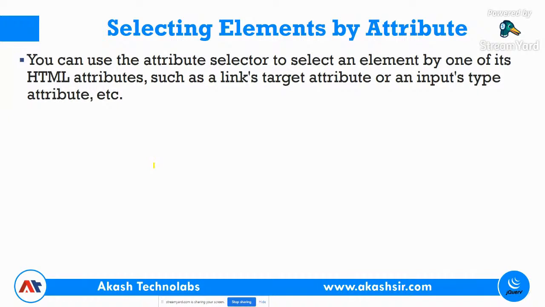Then selecting element by attribute. For an example, you know very well in input type we have different attributes. Input type text, input type password, input type number. So same thing over here. If I want to select a particular attribute, we can use elements by attribute.